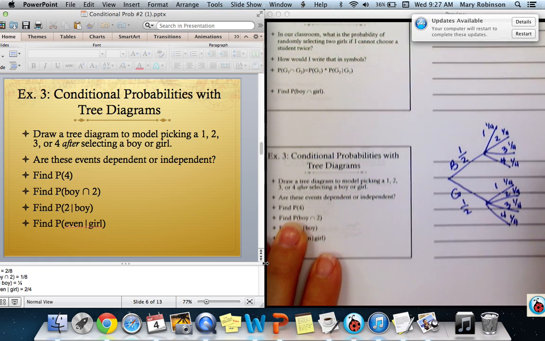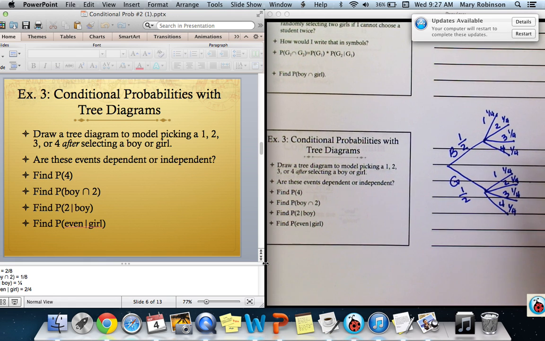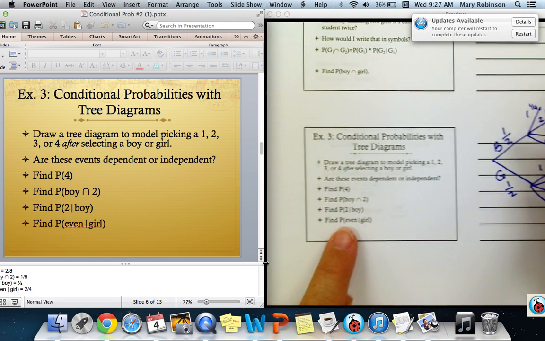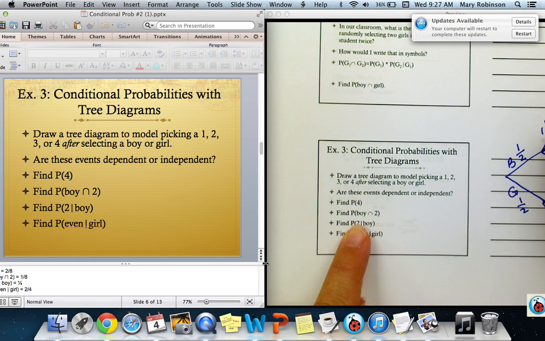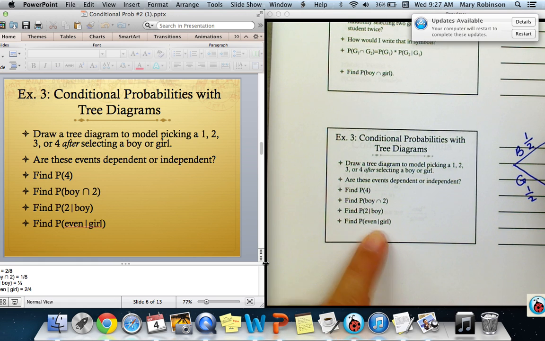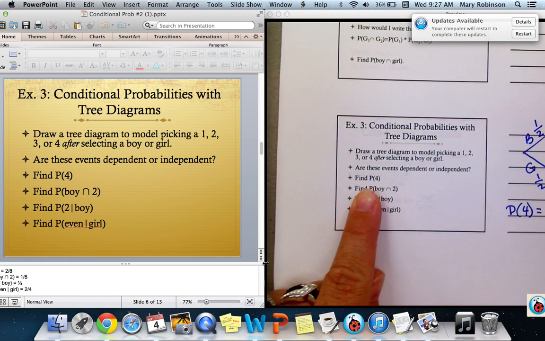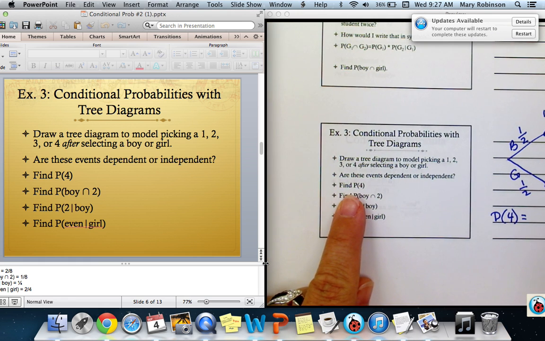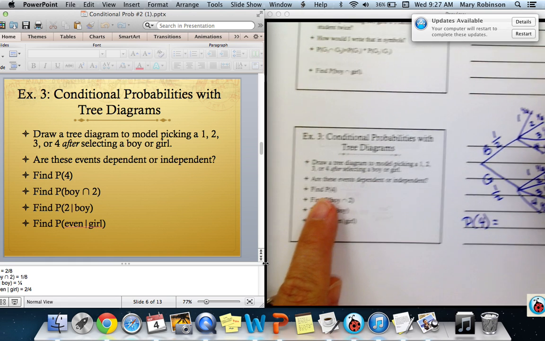This slide asks us to first determine whether these events are dependent or independent. These are independent events. Picking a 1, 2, 3, or 4 has nothing to do with whether you choose boy or girl. But when we find these probabilities, we want to be paying attention to what it's asking. To find the probability of picking a 4, we want to find the pathways on the tree that end up with us picking a 4.